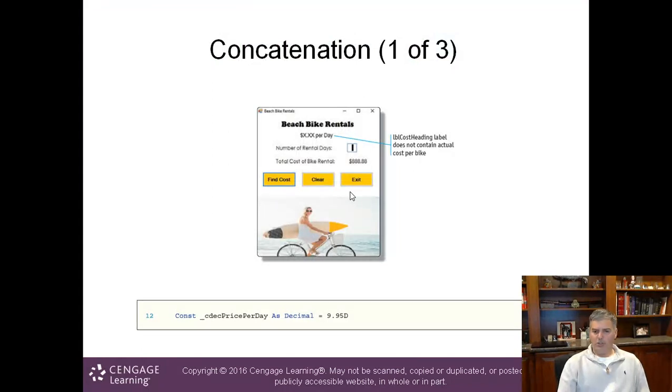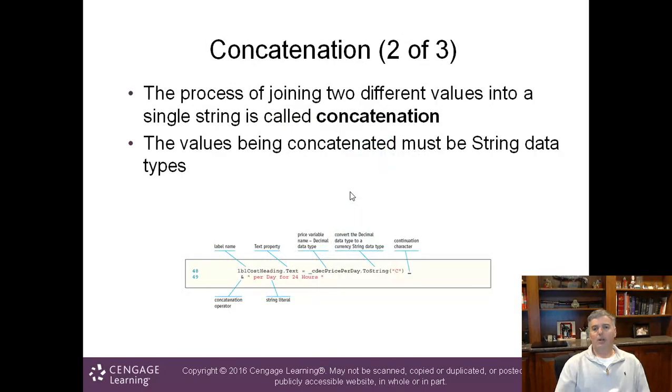So concatenation. Let's talk a little bit about what concatenation is. The process of joining two different values into a single string is called concatenation. The values being concatenated must be string data types. So concatenation is taking two string values and putting them together.